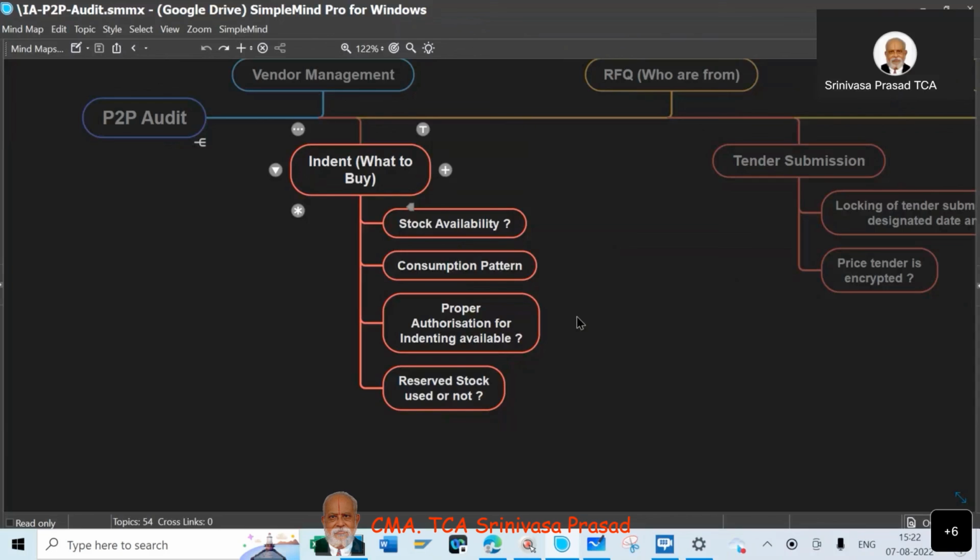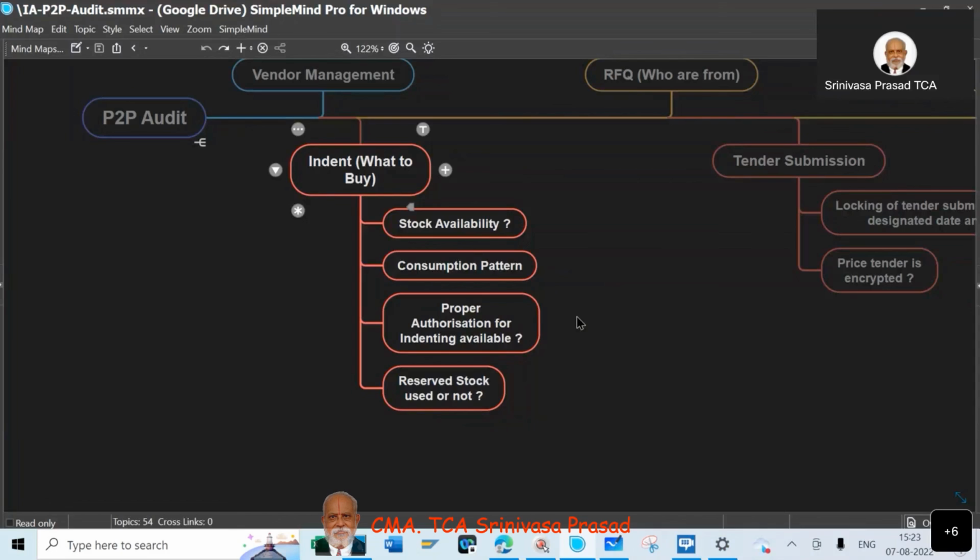That means the consumption has gone up. Why has it gone up compared to the last 2-3 years? If the production is not going up, why has the consumption suddenly gone up? All these questions we will have to ask at the indenting stage itself, so that you are able to correct things before something becomes abnormal. That is what we should see.